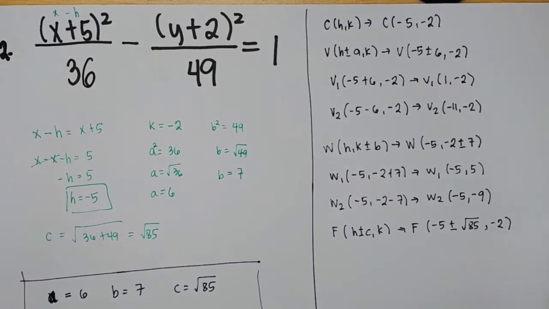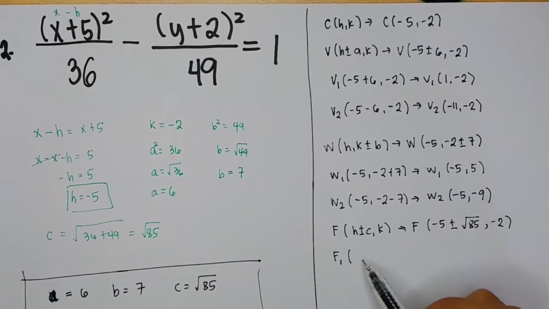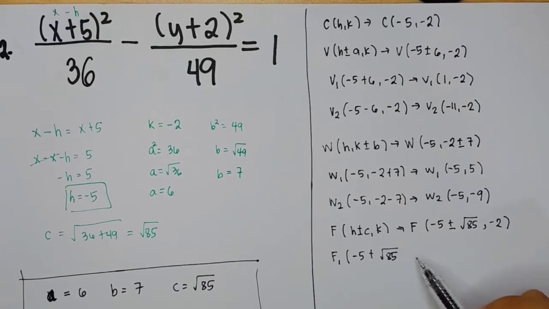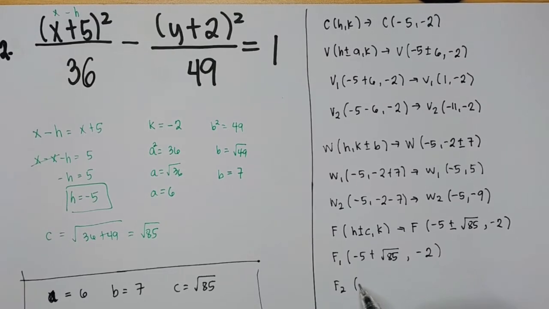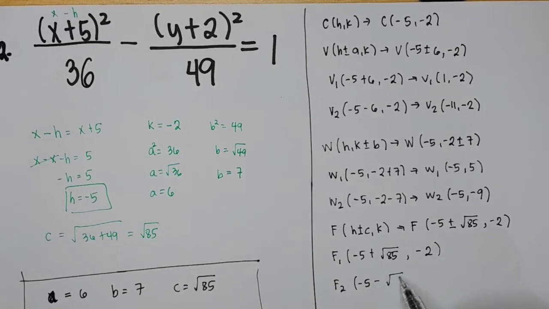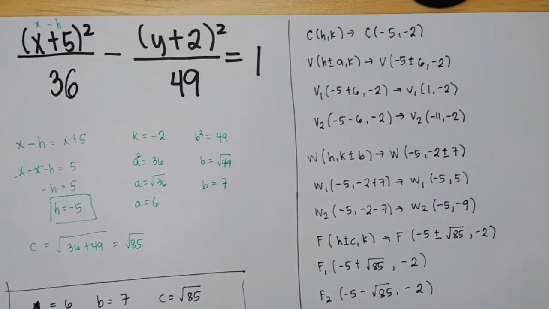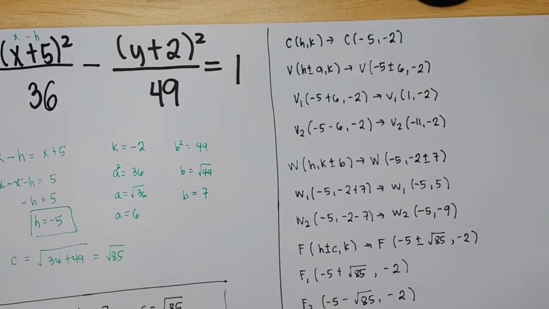Okay? Then, we have yung F1. So, F1, that is negative 5 plus square root of 85, comma, negative 2. Then, yung F2 natin, we have negative 5 minus square root of 85, comma, negative 2. Okay, so meron na tayong points. We have our center, vertices, co-vertices, and our foci.